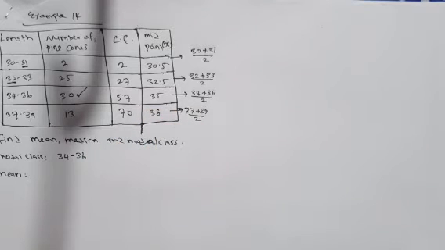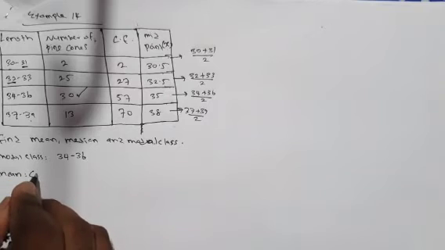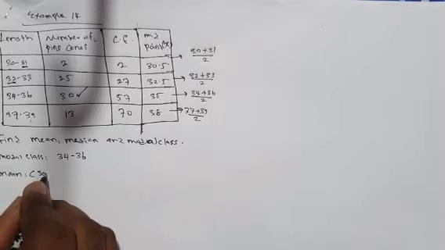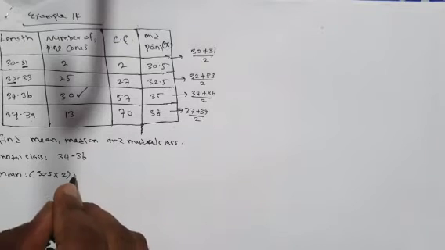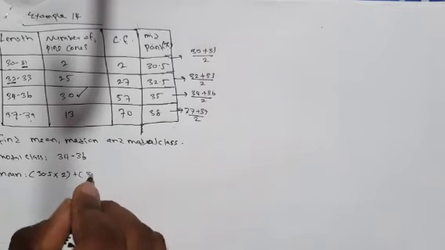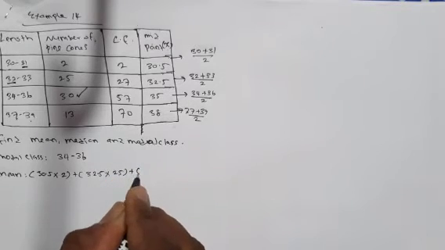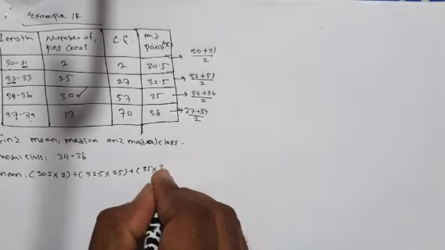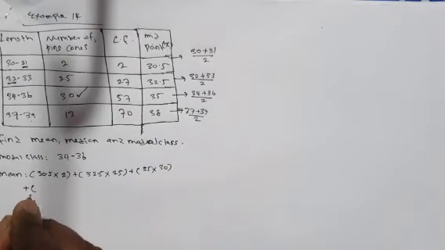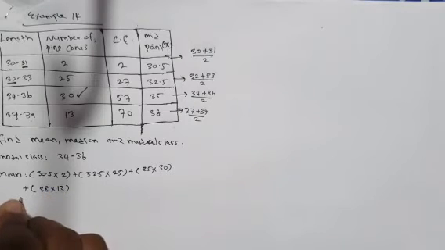So now we have got the midpoints. For the first row, the midpoint 30.5 is multiplied with the frequency, plus 32.5 multiplied with the frequency of 25, plus 35 multiplied with the frequency of 30, plus 38 multiplied with the frequency of 13.